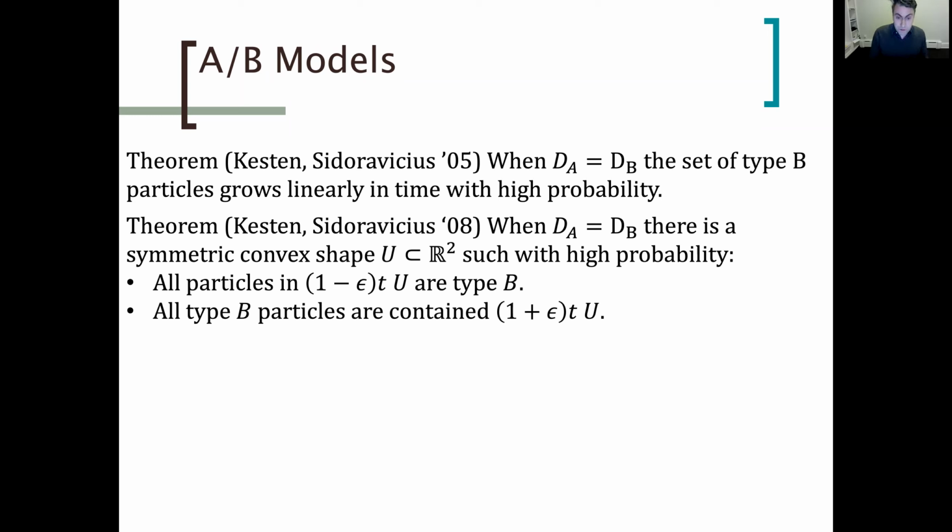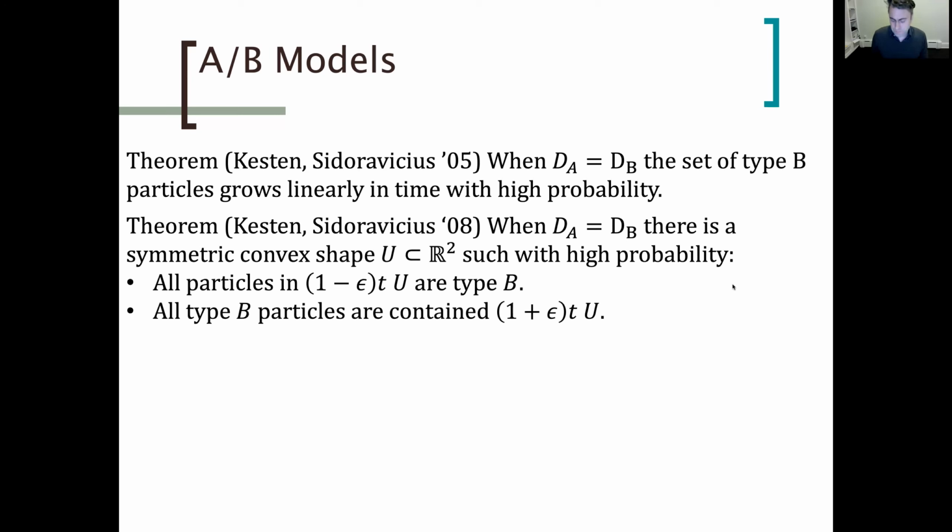They showed that if you look at the set of infected particles, it has a shape theorem. There's some deterministic shape U that's convex and symmetric. Basically, at time t, everything inside t times U is infected, and everything outside of it is susceptible, up to some 1 minus or plus epsilon factors.